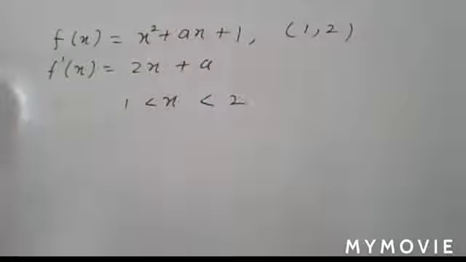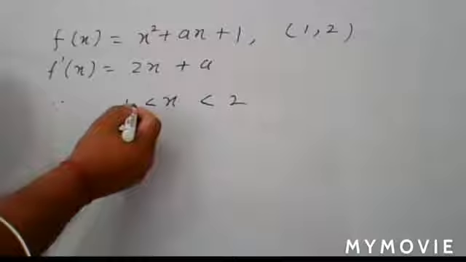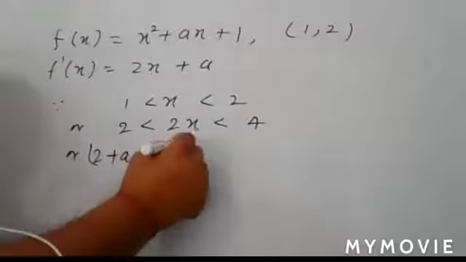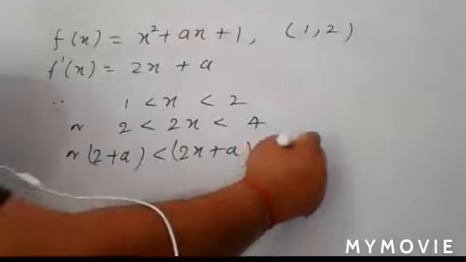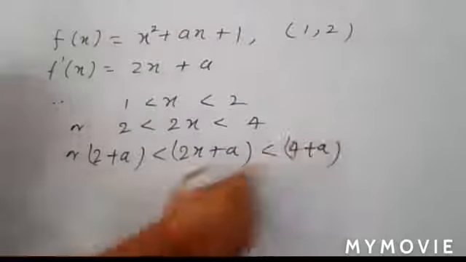So what about 2x? Multiplying both sides by 2, here you have 2x and this side you have 4. Now adding A, you have 2 plus A less than 2x plus A less than 4 plus A.